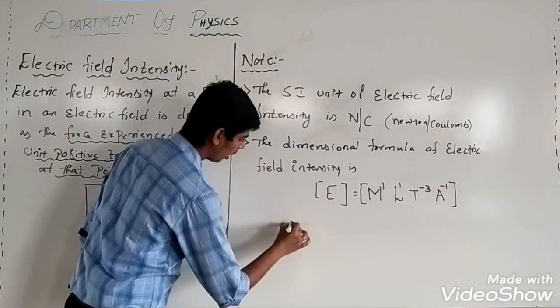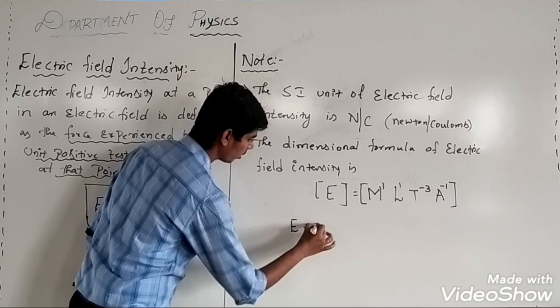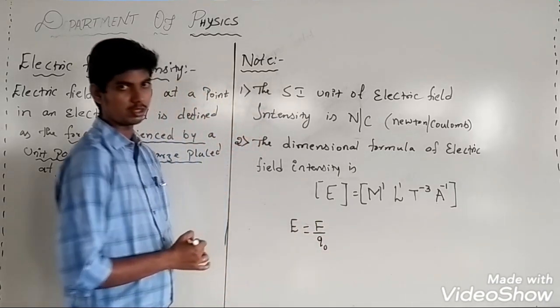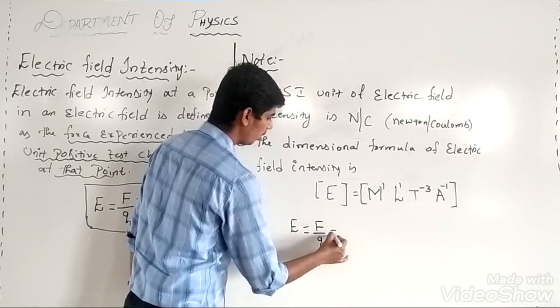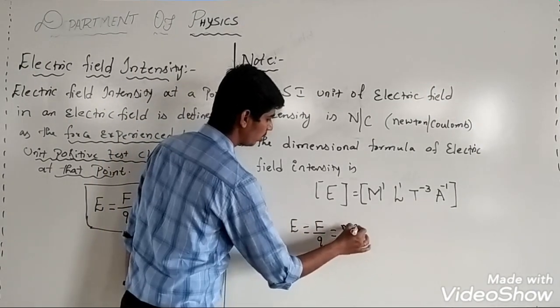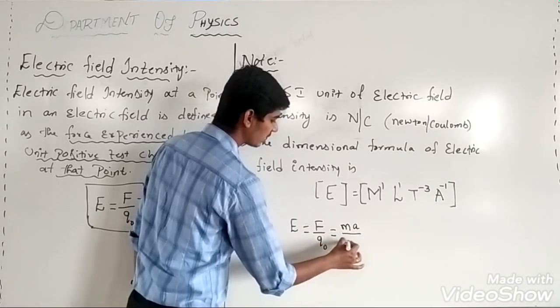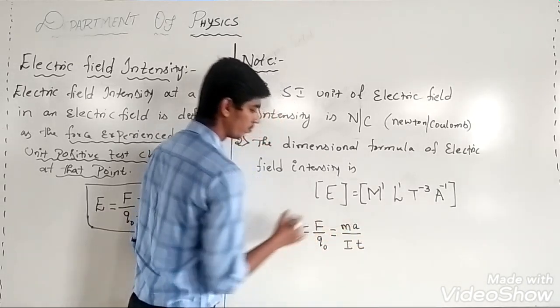So this can be worked out. We know electric field intensity is defined as force experienced by a unit positive test charge. Force can be written as mass into acceleration, and charge can be written as current into time.